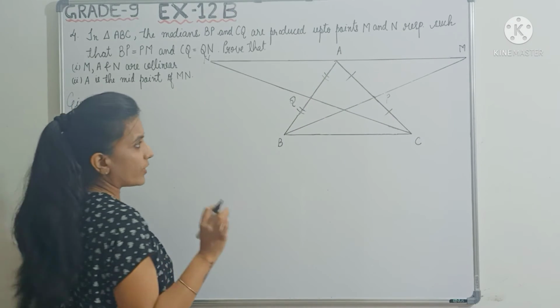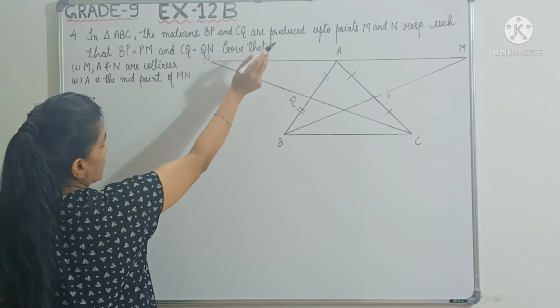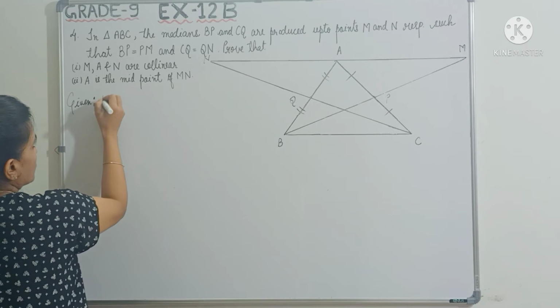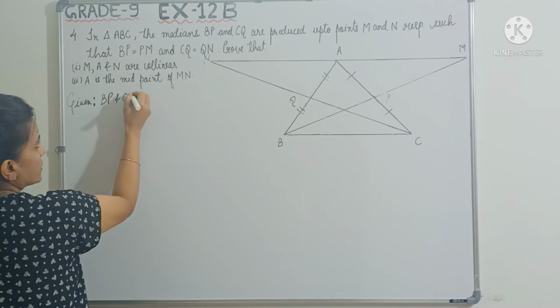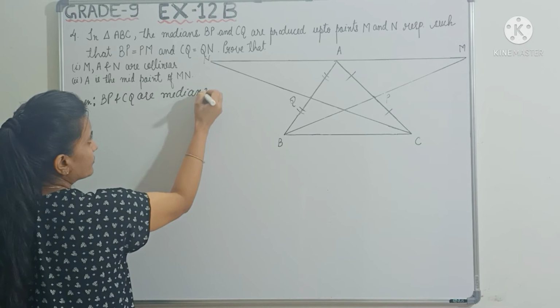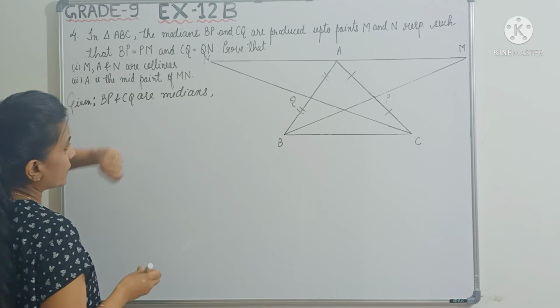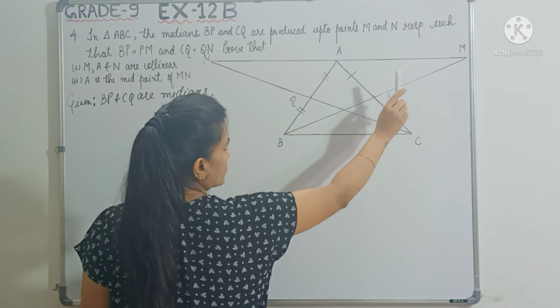Now first let's write down what is given in the question. Here it says that BP and CQ are the medians. Now what else is given?